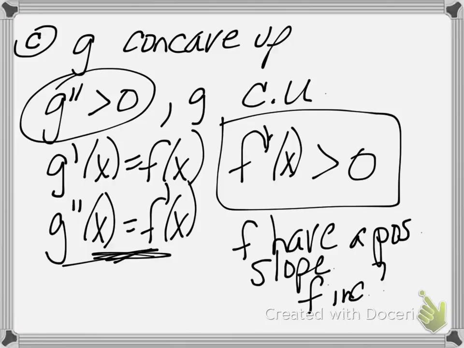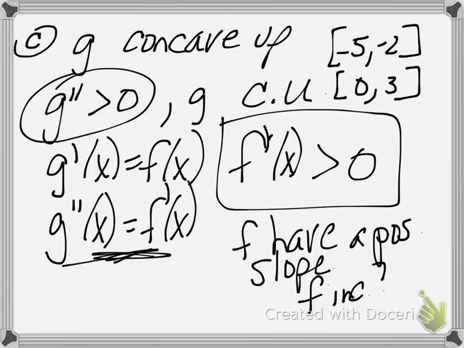So let's look at our picture, and we'll see when f is increasing. It's increasing from -5 to -2, then it decreases, and then it starts increasing again from 0 to 3, and then it just kind of levels off and goes flat.